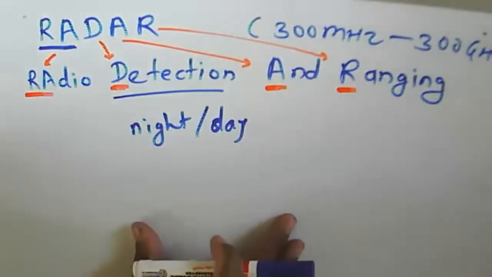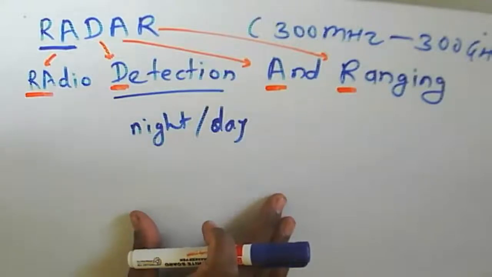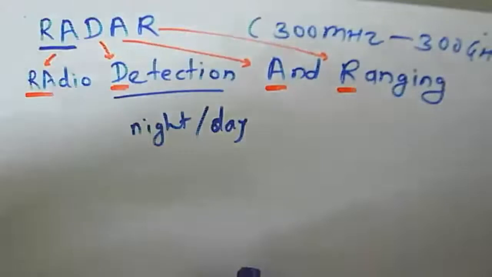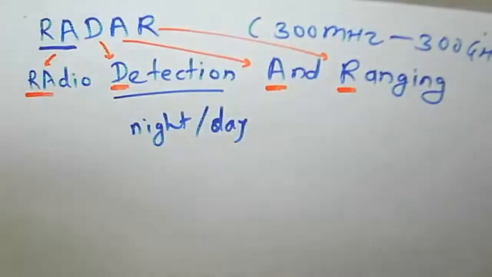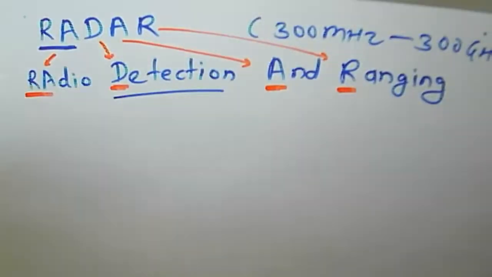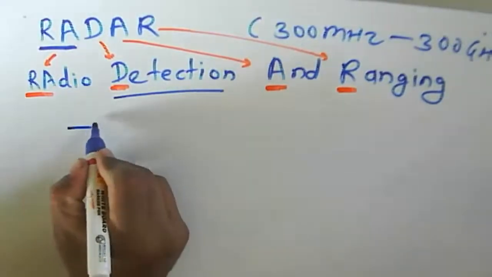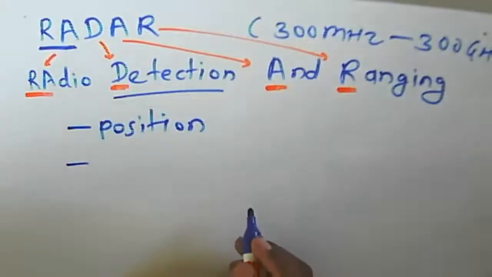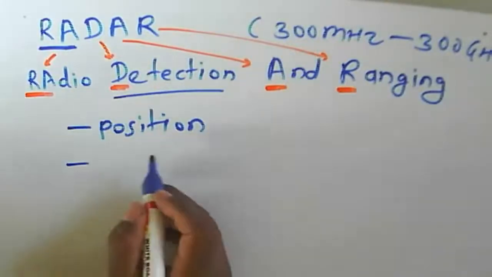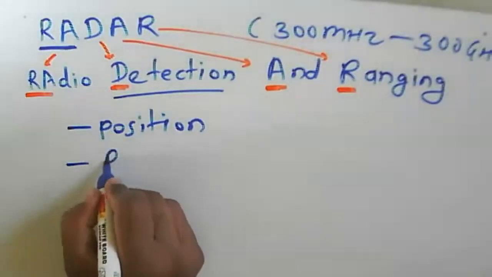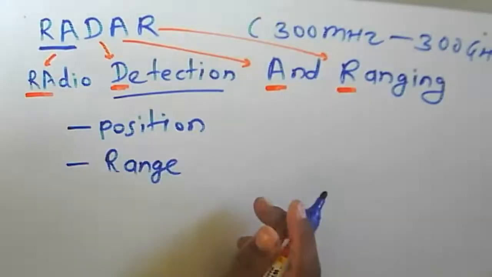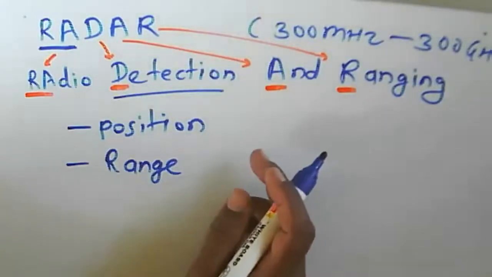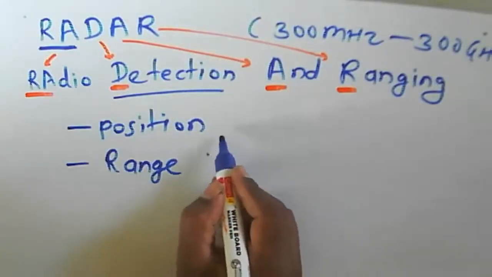Now from this radar we are able to get the position of the object in the different coordinate systems. We are able to see the position of the object, or find out the distance, that is the range.